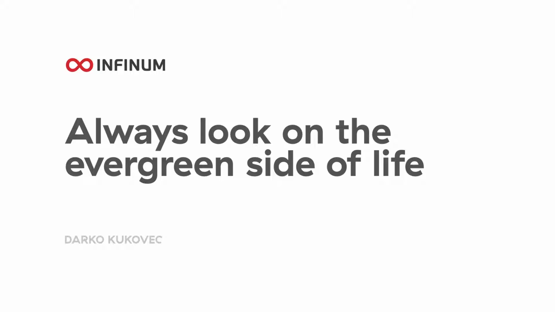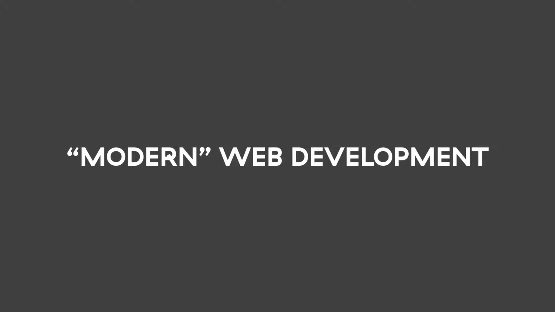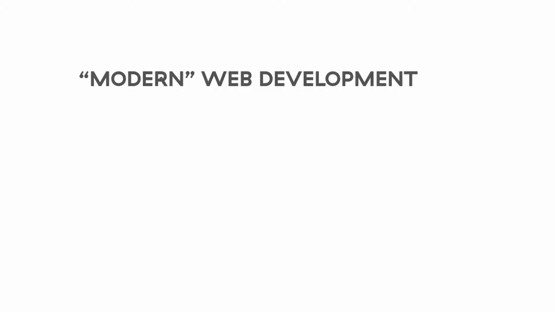So first off, let's start with modern web development. How does this look currently? When you start developing, you'll probably first create an empty folder, and spend half an hour naming the project, etc. Then you'll do git init, because version control is very important.